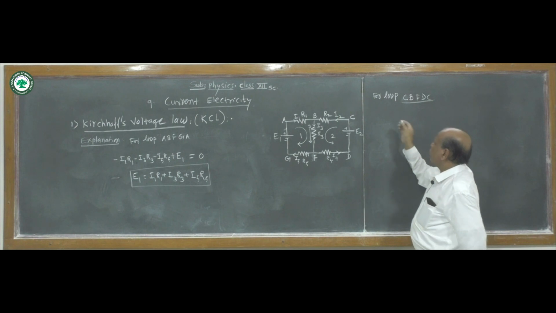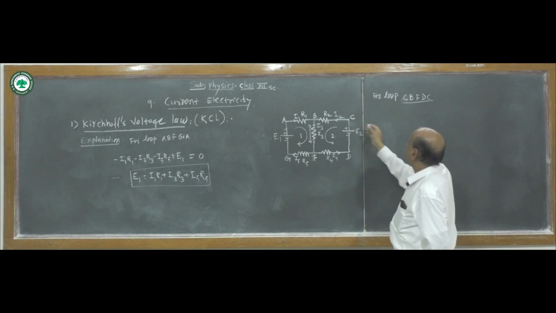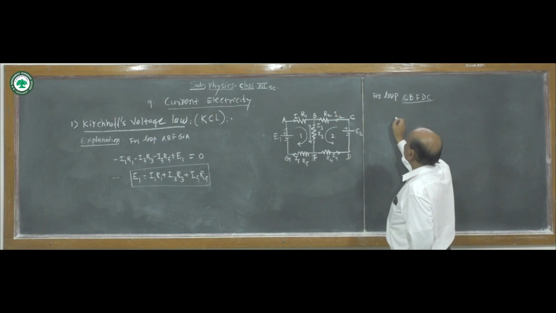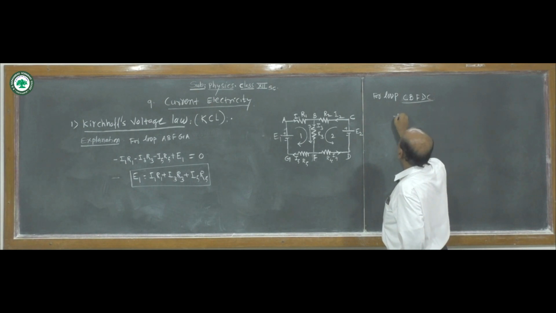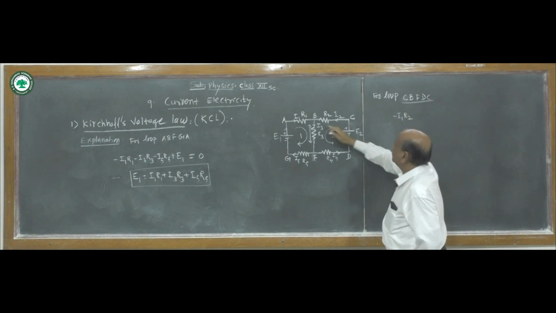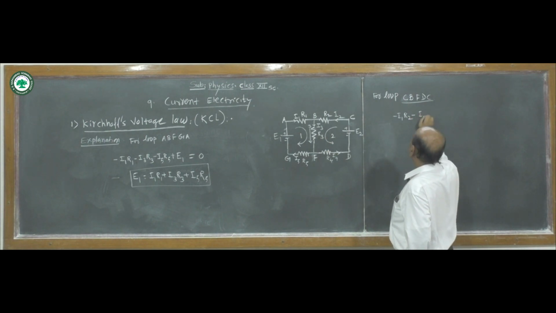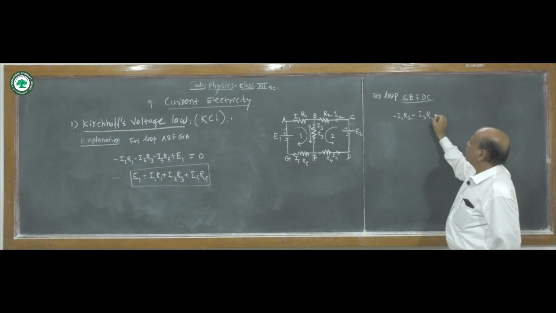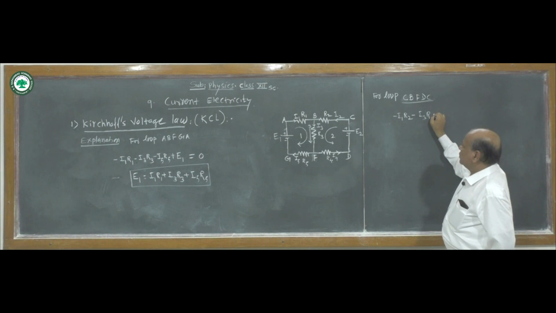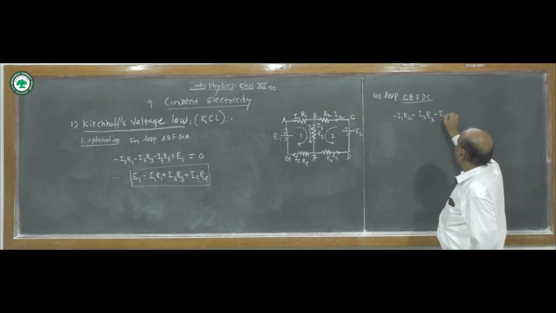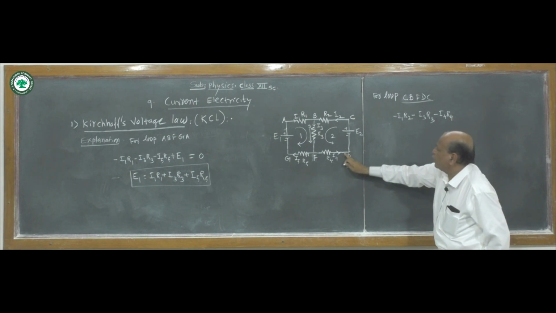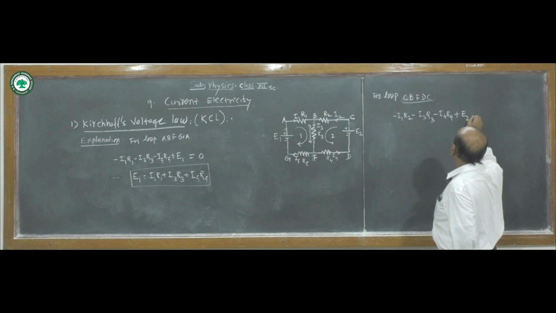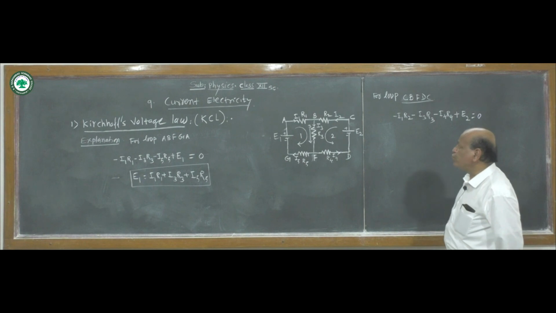Again applying Kirchhoff's law, the PD across resistance R2 is minus I1 R2, then minus I3 R3, minus I4 R4, plus E2 is equal to 0.